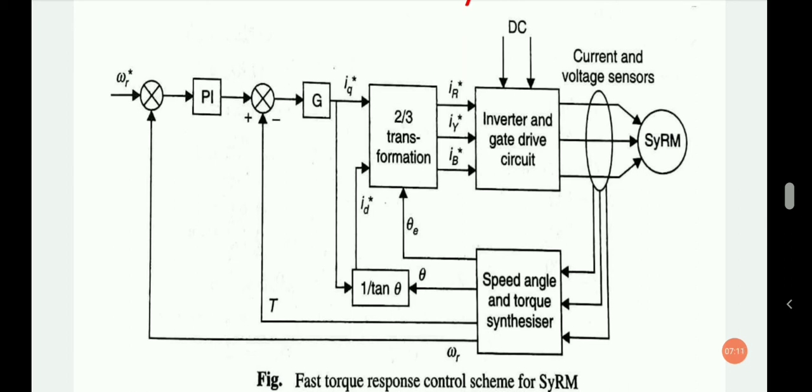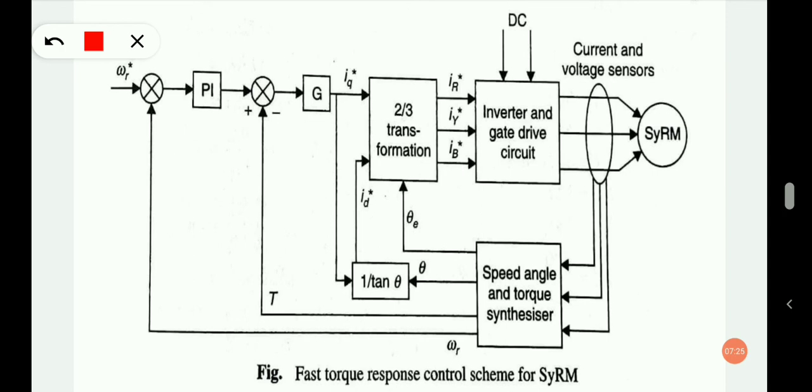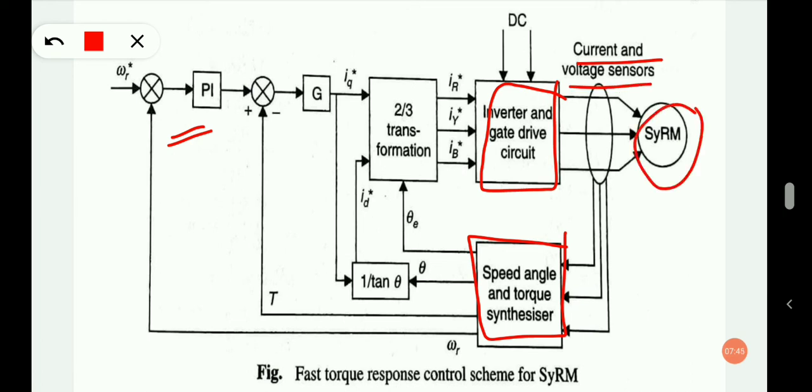The signals and various blocks have already been discussed. In the block diagram you can see a PI controller is used, inverter and gate drive circuit, speed, angle and torque synthesizer is there, and current and voltage sensors are used before the synchronous reluctance motor.